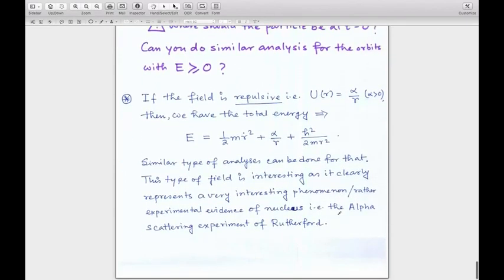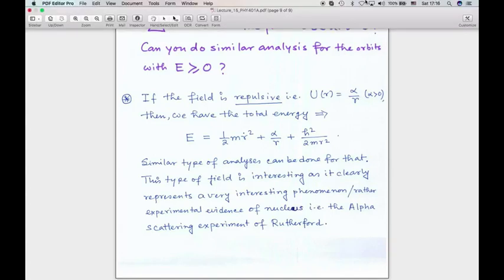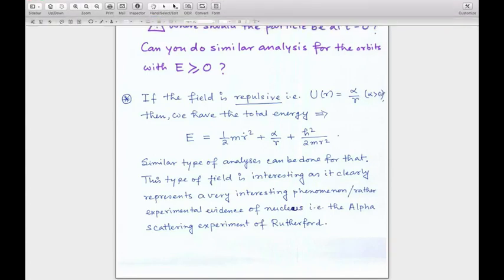Now, all these things we have done are just using an attractive potential. That's why we came across Kepler's problem. Now, if the field is repulsive, that is U of r is equal to alpha by r, where alpha is greater than 0, so it is a positive quantity, then what happens? Can we apply all the tricks and formalisms to that case as well?